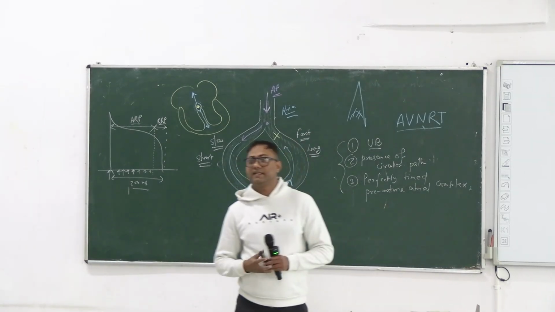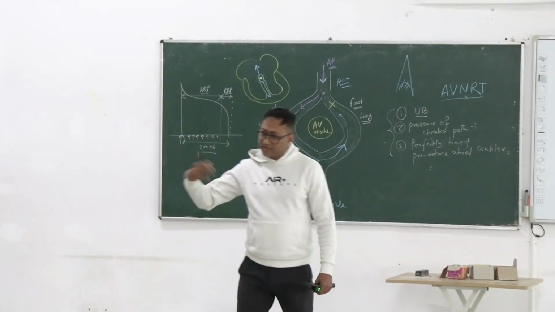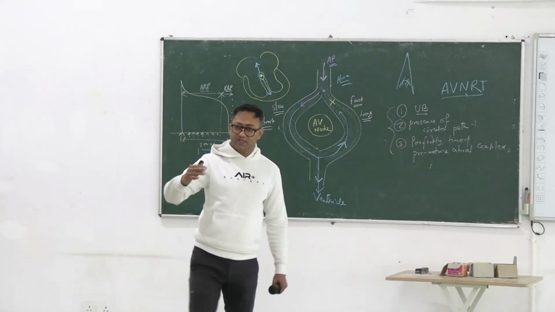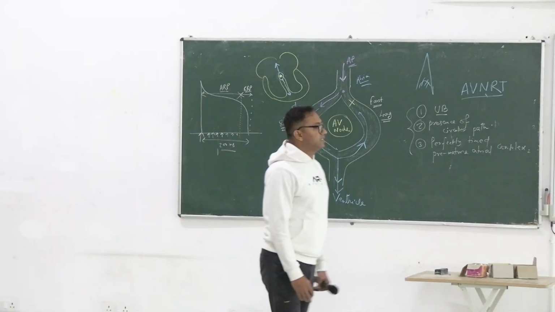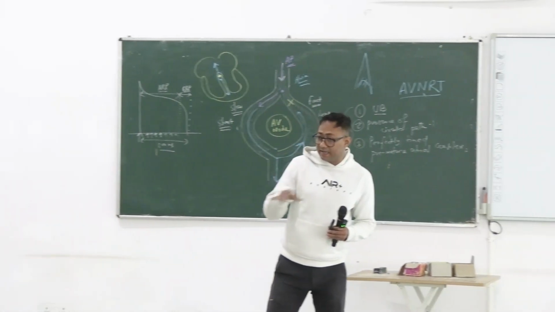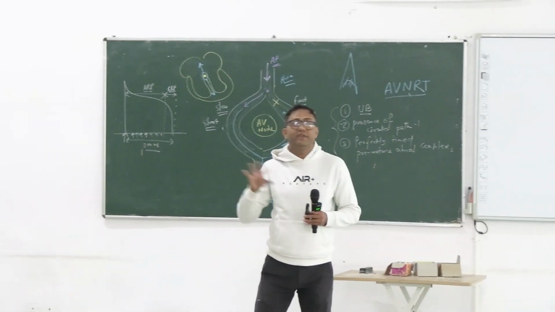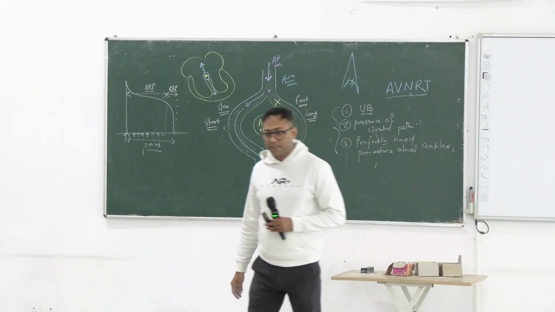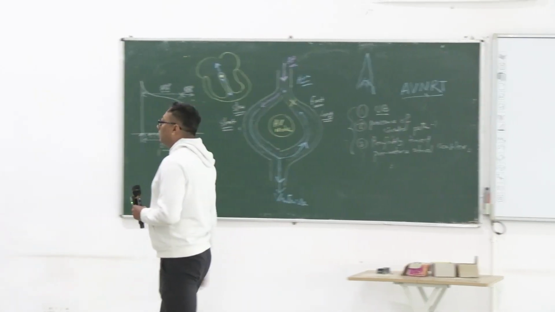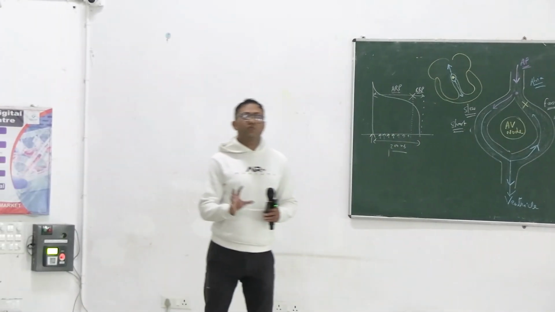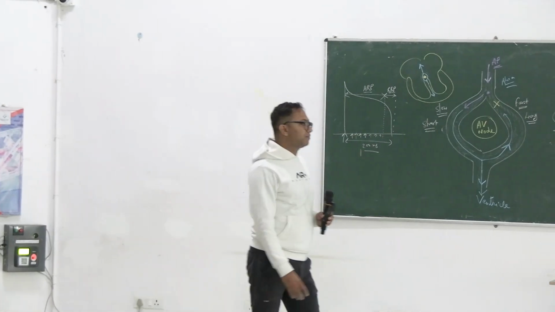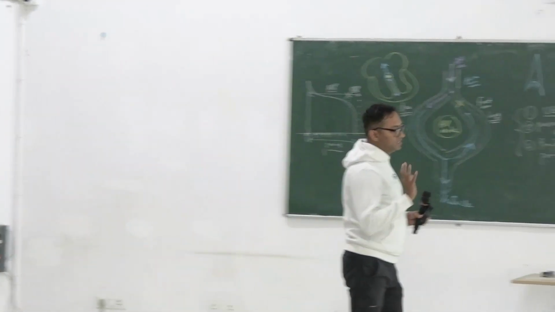AV nodal reentrant tachycardia, from reentry to reentrant. That means there is a reentry circuit around the AV node, and this is why atria and ventricle are being depolarized simultaneously.